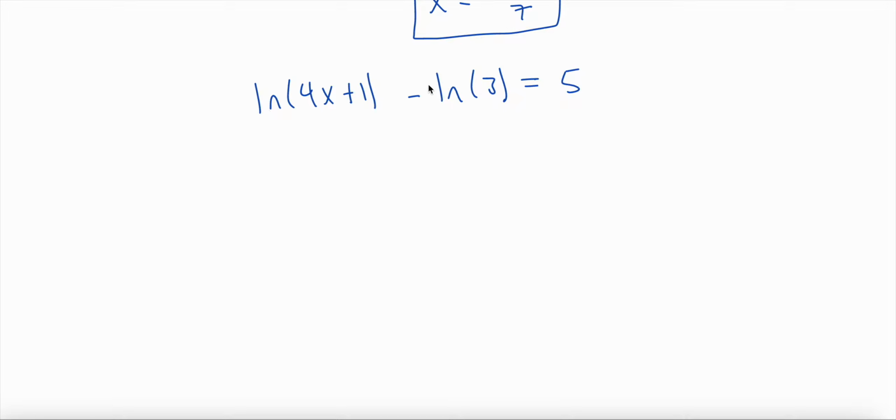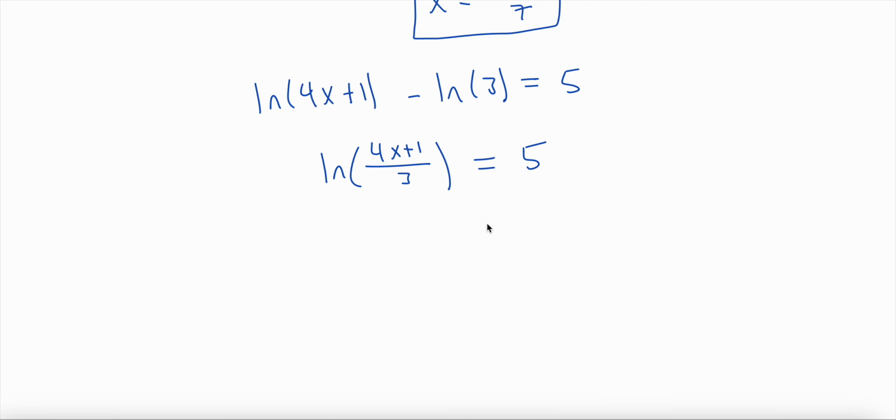So again, we want to bring these two together, and whenever we are subtracting rather than multiplying the two expressions in here, we're going to be dividing. And so we have ln of 4x plus 1 divided by 3 equals, we're going to leave the 5 here.